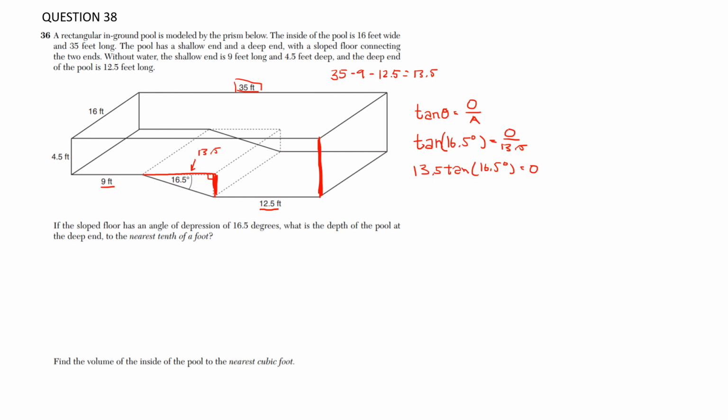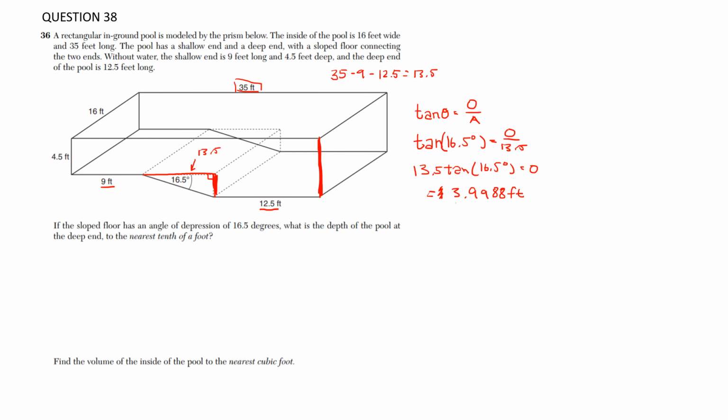In this case, we get a value of 3.9988 feet. So we know that from the shallow end, it goes approximately 4 feet deeper, and then that's the deep end.